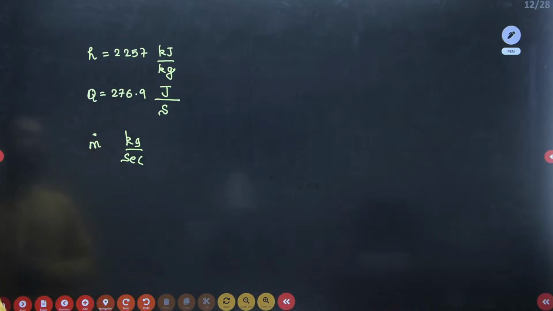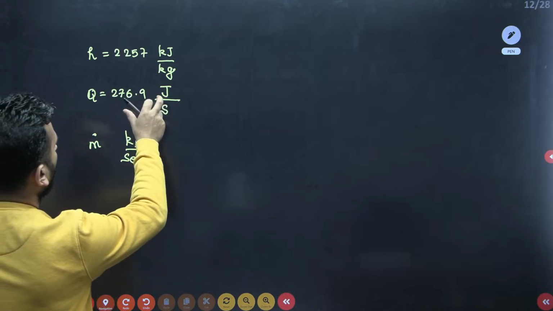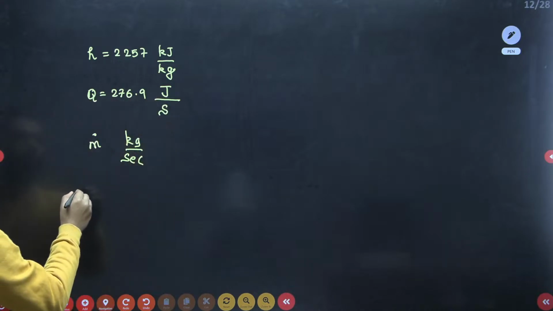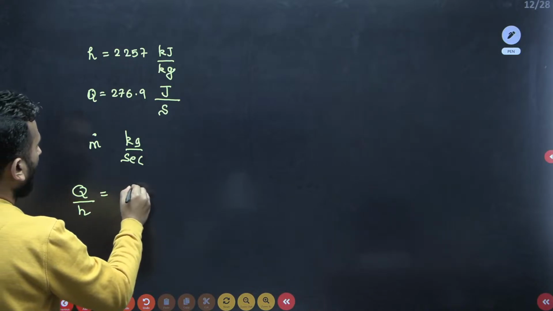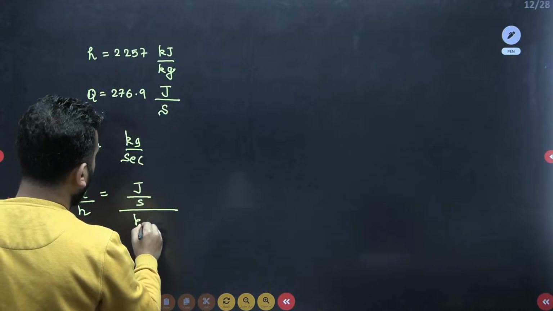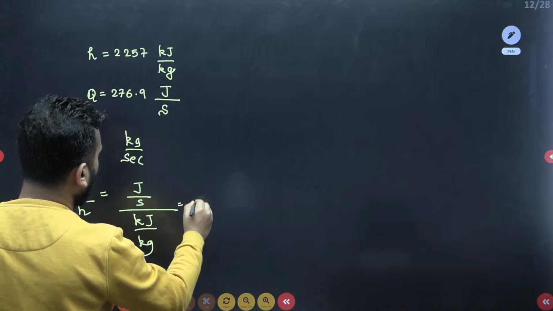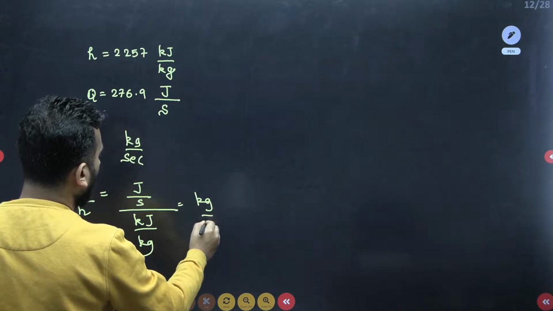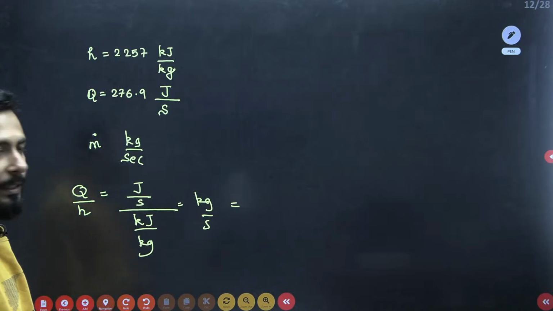For example, if I divide Q by h, it will be joule per second divided by kilojoule per kg. So the unit is coming out to be kg per second. So very easily I can get it just by writing the units.